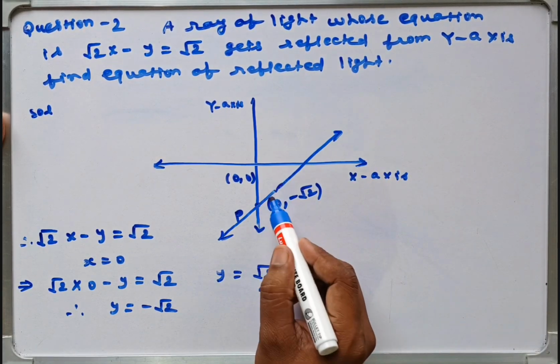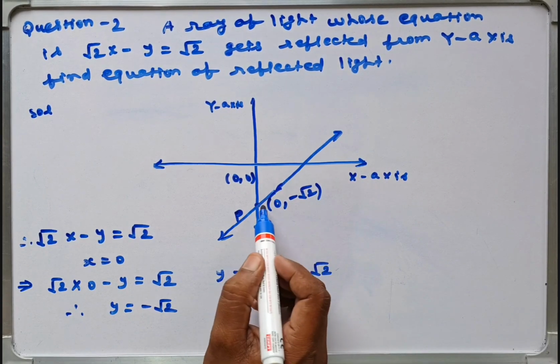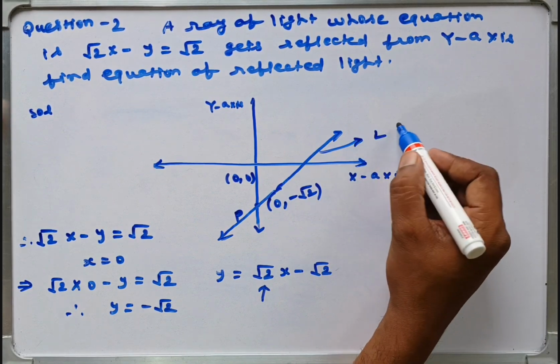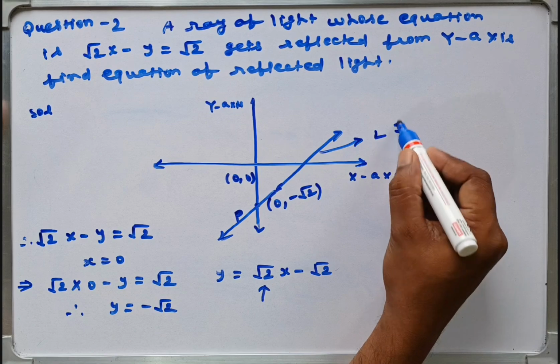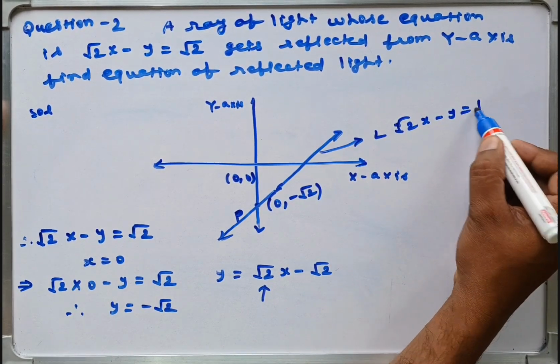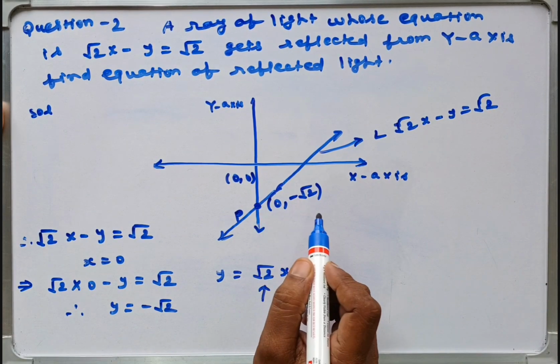Now the question is saying this line, say L, whose equation is root 2 x minus y equal to root 2, is reflected from this point P.